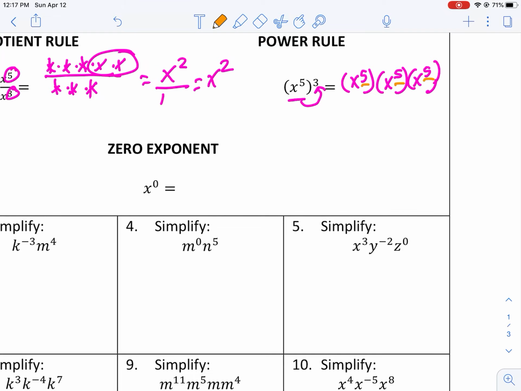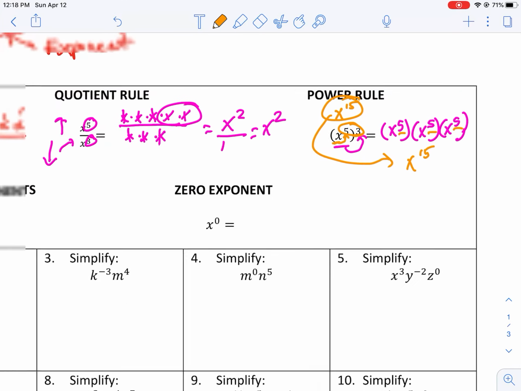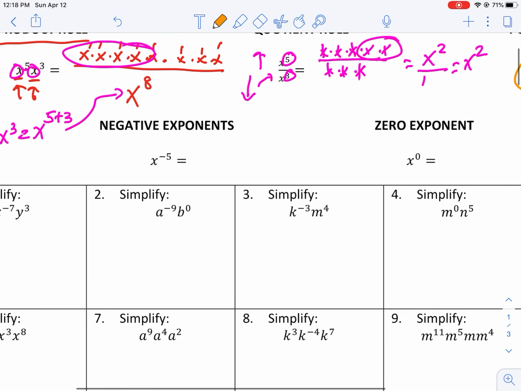So this becomes 5 plus 5 plus 5, or x to the 15th power. Or the power rule says, if you take an exponent and raise it to a power, we just multiply those two, x to the 15th power. And the same thing we have here.